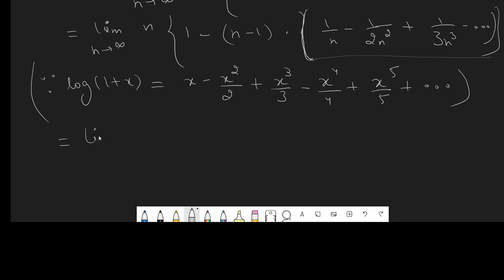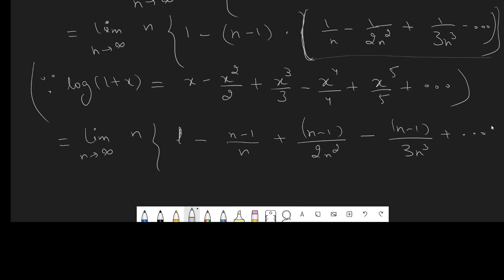So it will be limit n tends to infinity of 1 minus, if you take n minus 1 inside the brackets, it will be (n minus 1) by n minus (n minus 1) by 2n squared plus (n minus 1) by 3n cube minus dot dot dot.